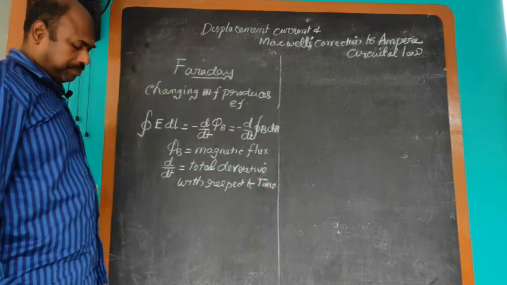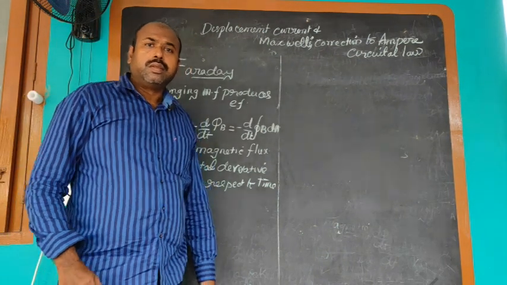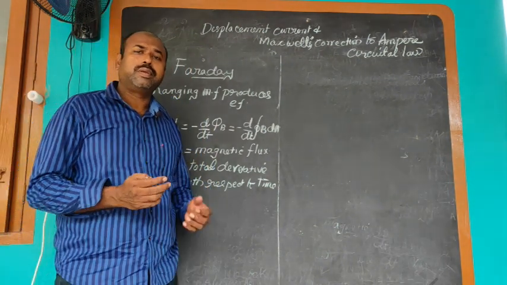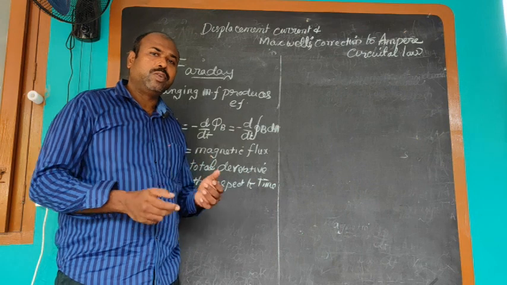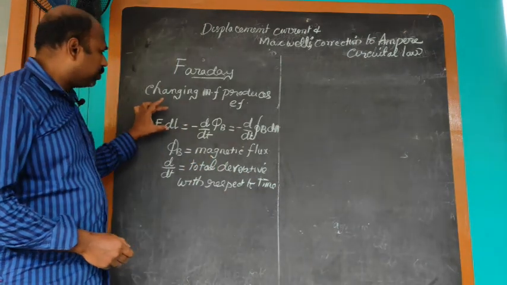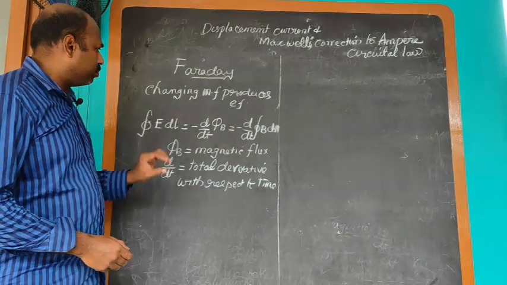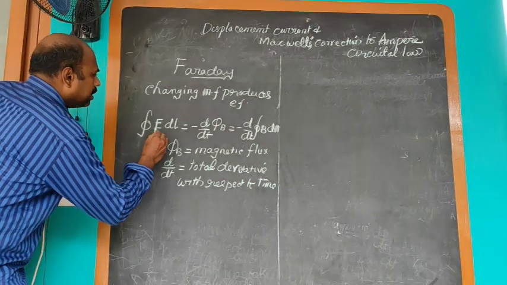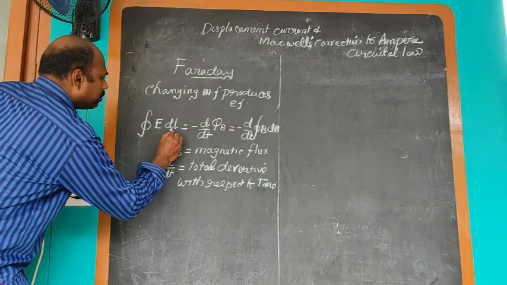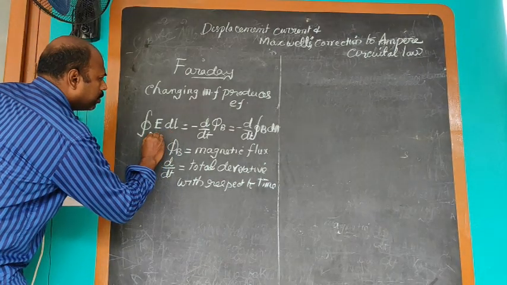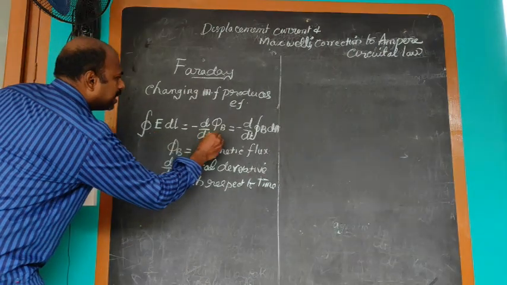Now I would like to explain this mathematical expression. So this E dot dl is the EMF produced in the closed loop due to the change in magnetic flux.